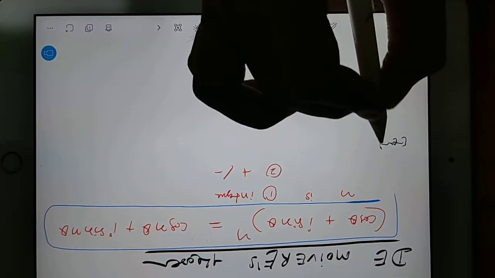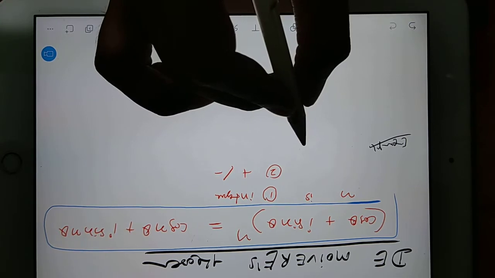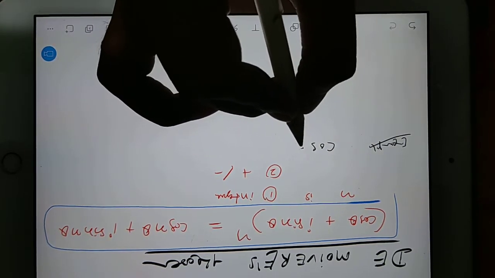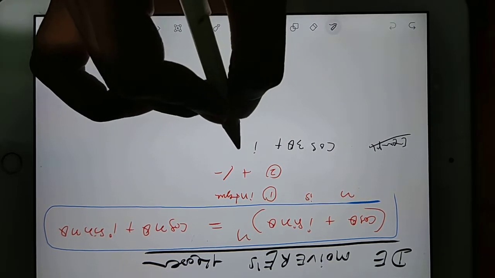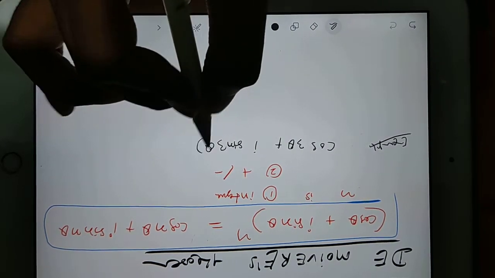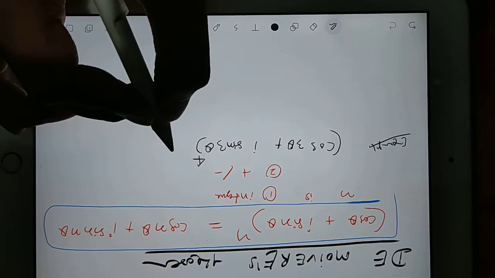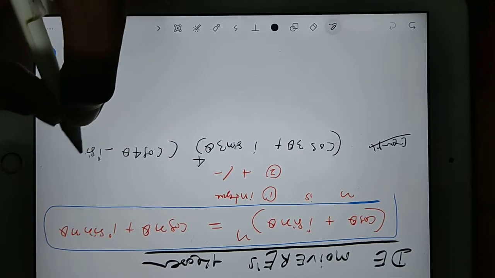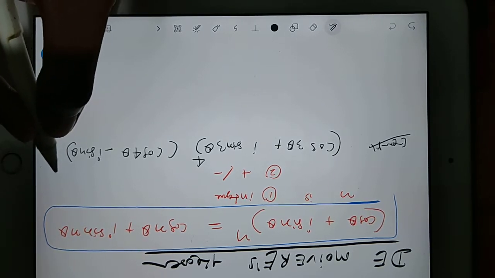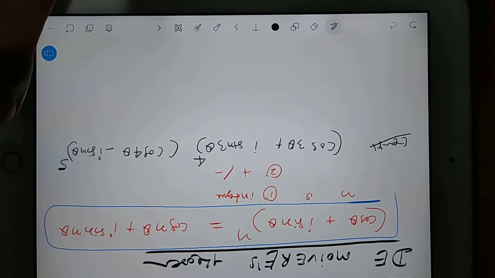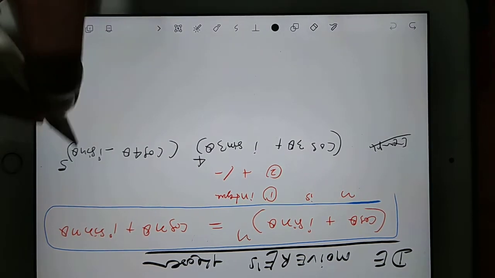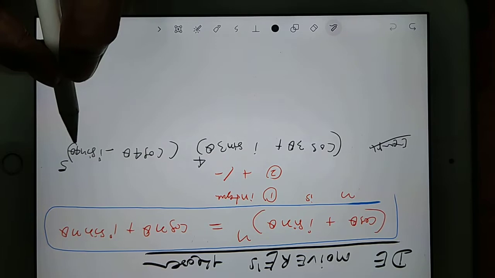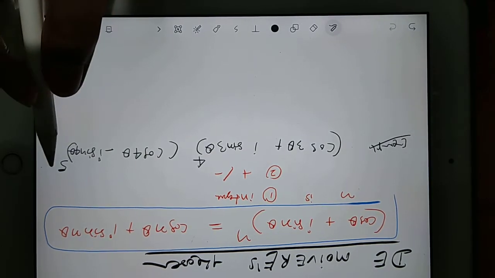Take down your example. Suppose I'm writing (cos 3 theta plus I sin 3 theta) whole power 4, bracket (cos 4 theta minus I sin 4 theta) whole power 5.